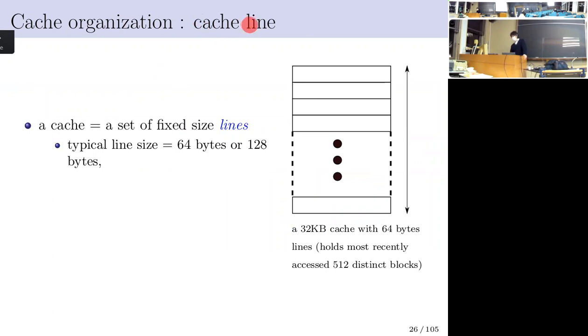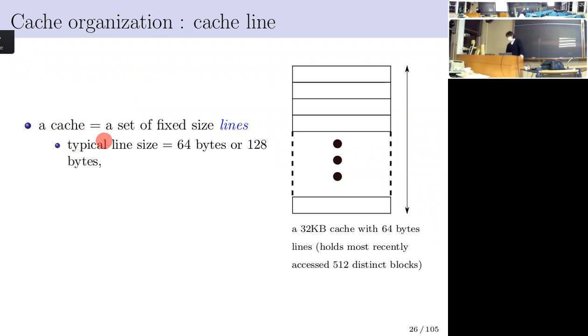The first thing you have to know is the notion of cache line. When the cache has the size of 32 kilobytes, it's actually not an arbitrary set of 32,000 distinct addresses.